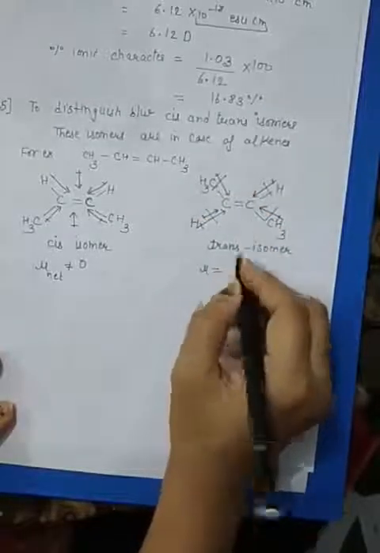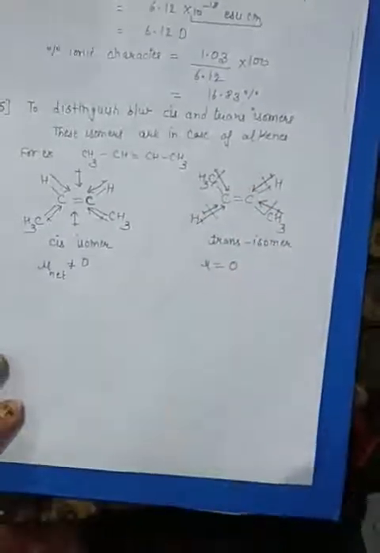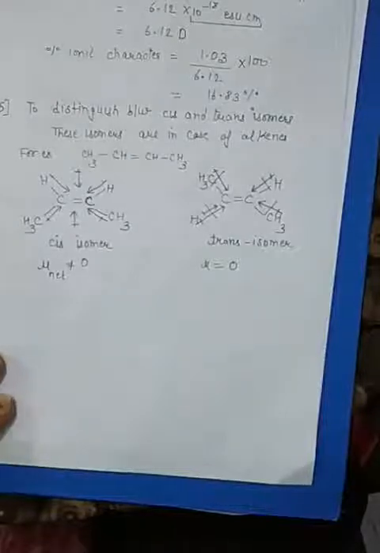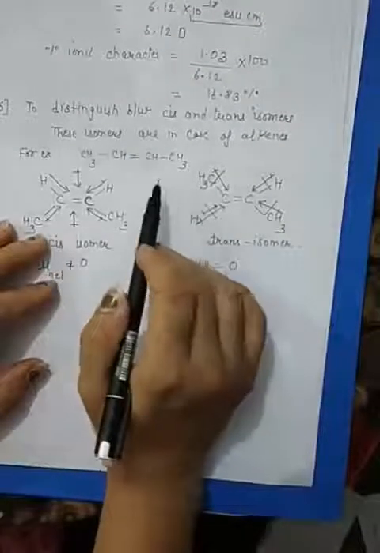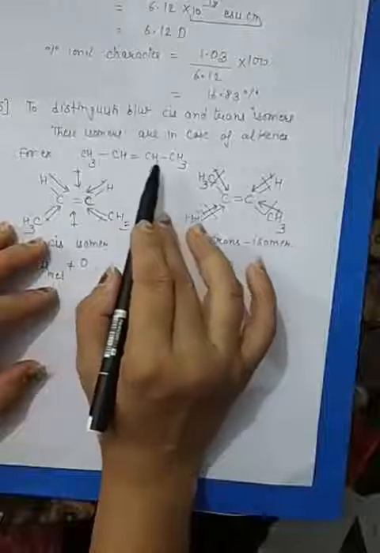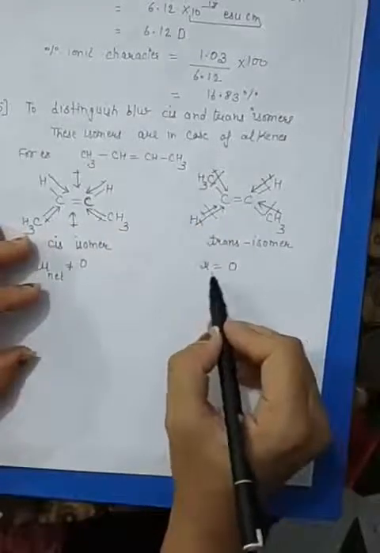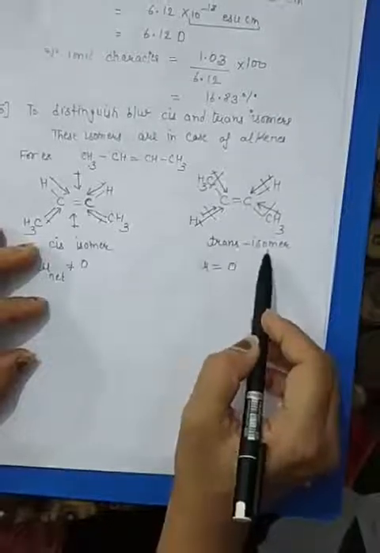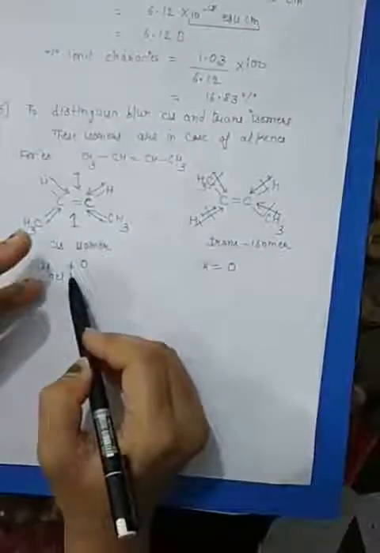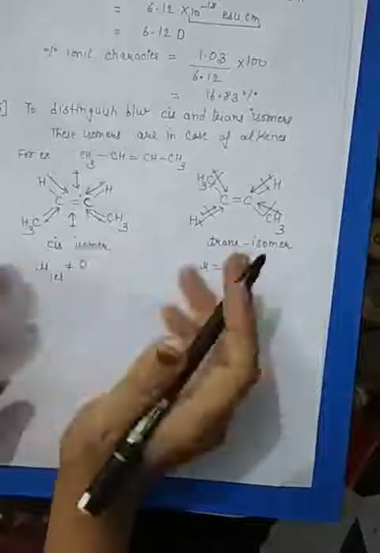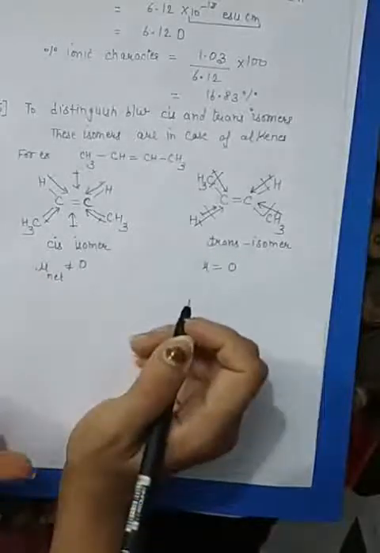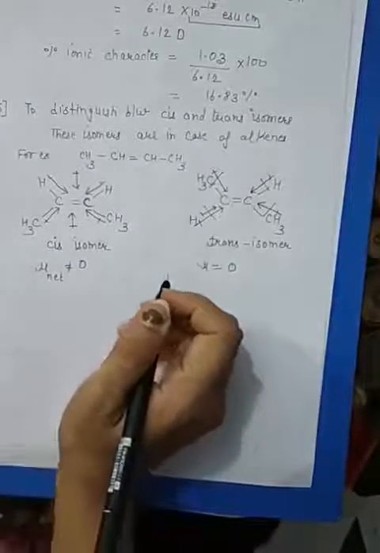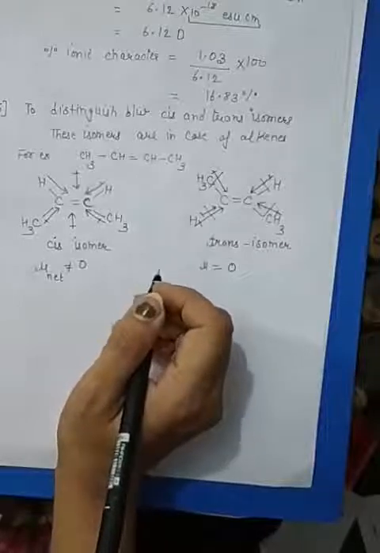So mu of this molecule is equal to 0. So if in an alkene mu comes out to be 0, then it describes its trans isomer, and if it is not equal to 0, then it is its cis isomer. Okay, so these are the applications of dipole moment.